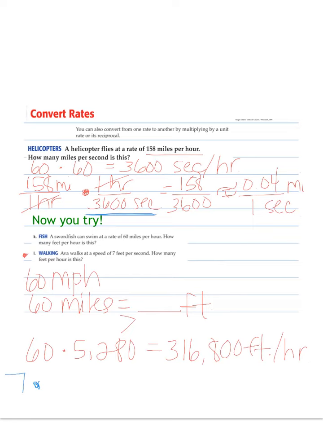So we're going to take 7 and multiply it by 3,600, and we have 25,200 feet per hour. Every second she walks 7 feet, so therefore in an hour she walks 25,200 feet.